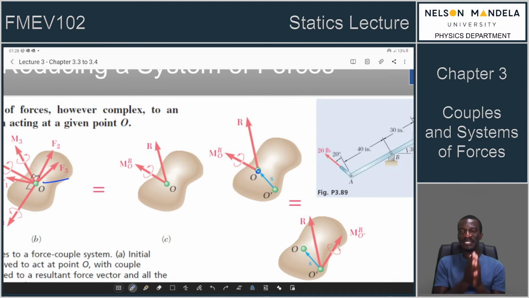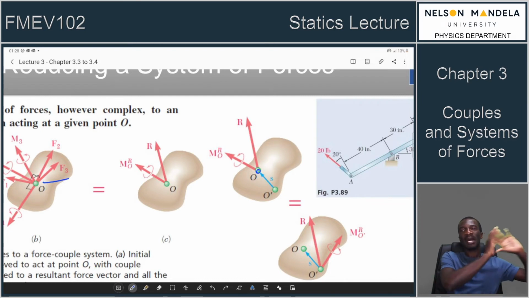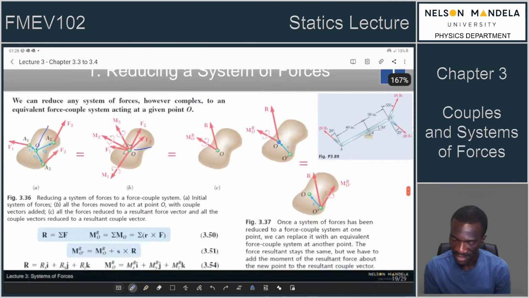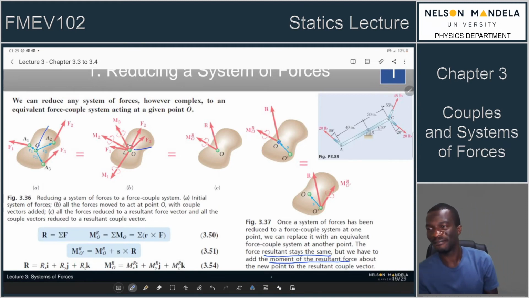The moment resultant was found through the summation of the couple vectors, right? So the force resultant stays the same, but we have to add the moment of the resultant force about the new point to the resultant couple vector.